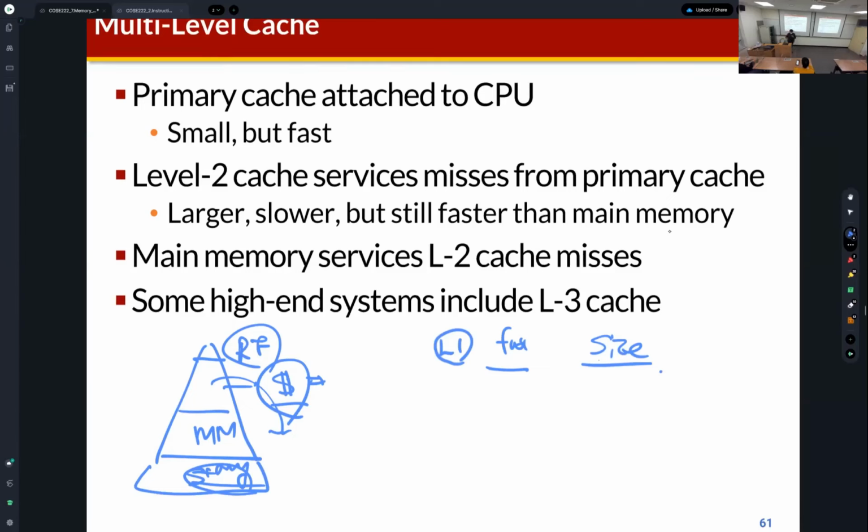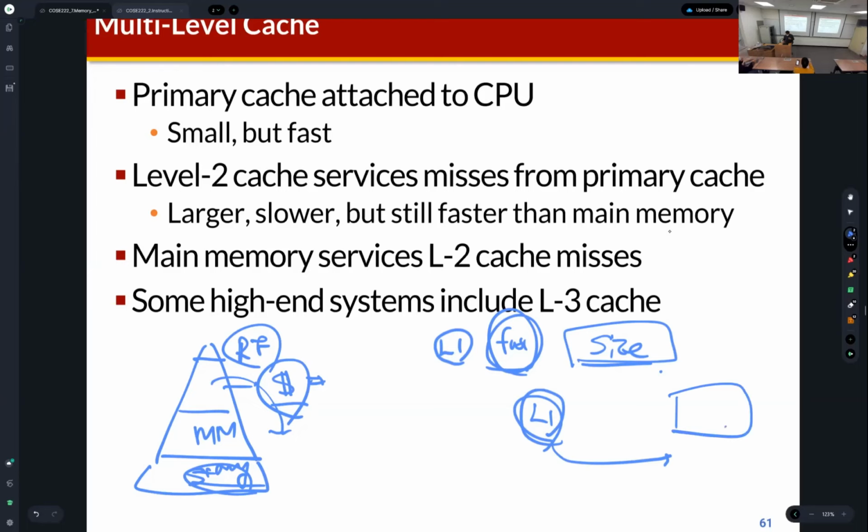So even though the L1 cache is fast, its size is small. Which means if the processor has only an L1 cache, and data is evicted from the L1 cache, then the data has to be found in main memory. So main memory is very slow.